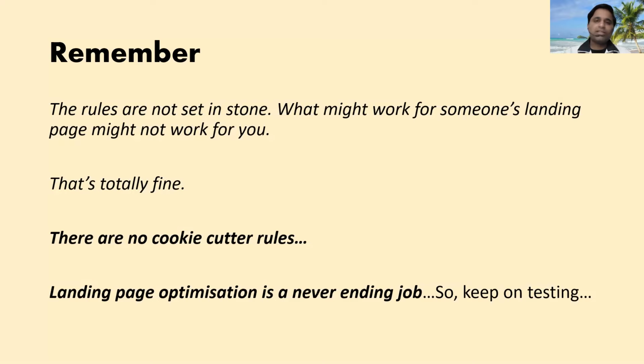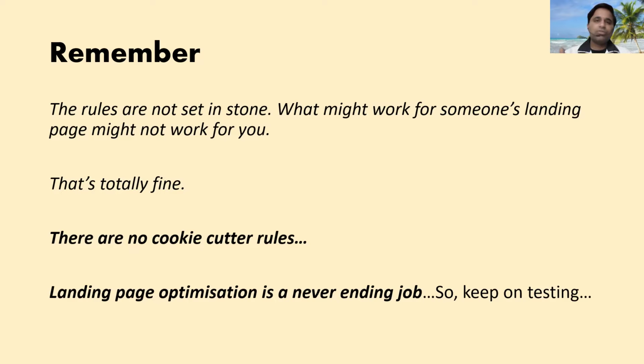Landing page optimization is a never ending process. The main task here is to continuously test your landing pages and work on them until you get your conversion rate high. Your ultimate test should be whether your audience likes your landing page, whether you are getting conversion rates or not.